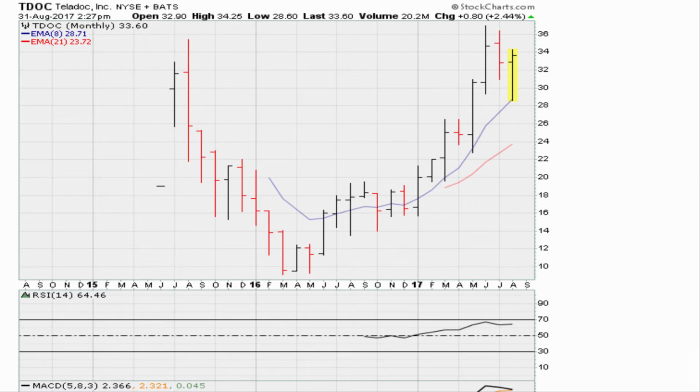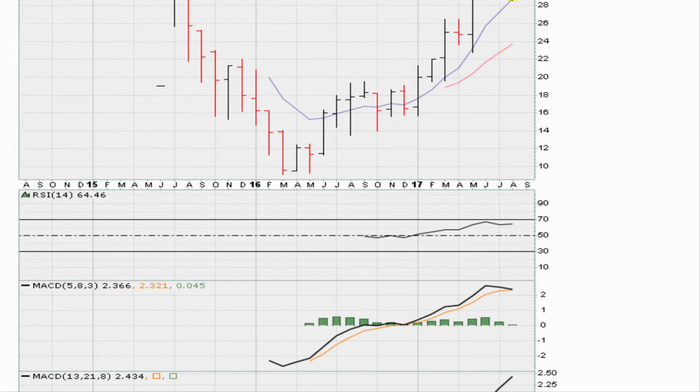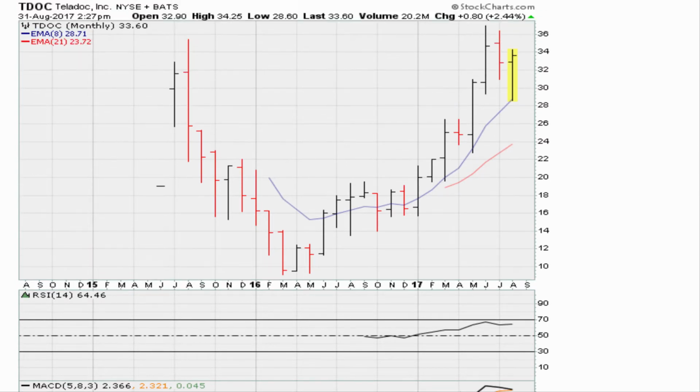So let's take a look at this previous entry here when the stock began moving, and we can see a good breakout in price at the beginning of 2017. You can see that that was a good entry level, and the breakout level was based on this monthly closing high, and that was at 18.31.